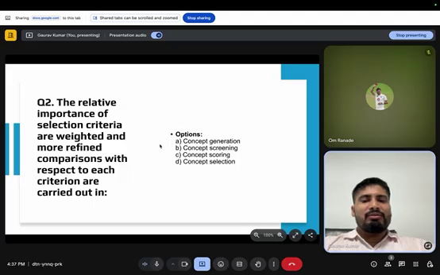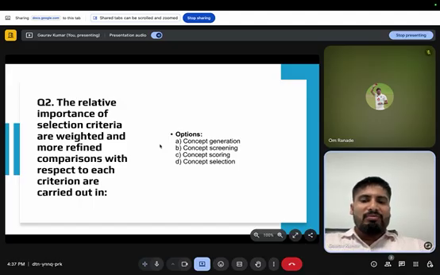This weighting mechanism ensures that not all the criteria influence the design equally. Instead, critical parameters such as safety, usability, or manufacturability exert greater influence on the final decision. The numerical evaluation, rating multiplied by weights, enables a refined and objective comparison of shortlisted concepts.